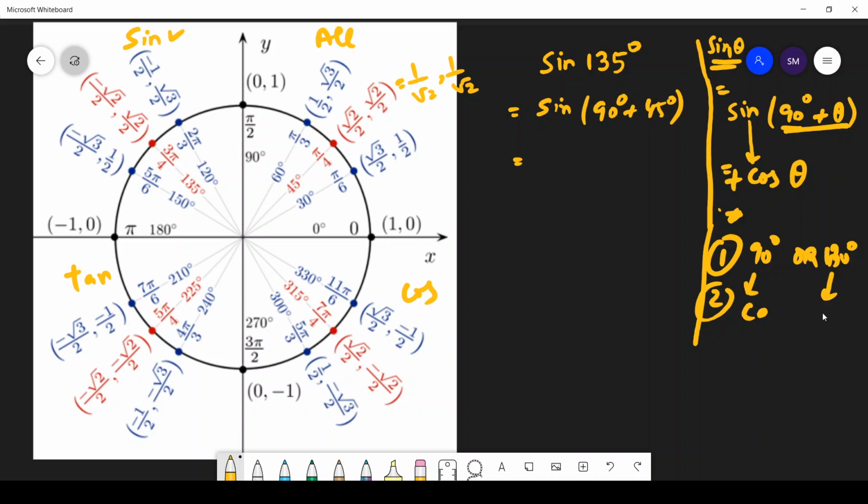If it is 180, then the same angle you need to write. Third step, check in which quadrant your given thing is, and use the positive or negative sign. So these are the 3 simple steps.